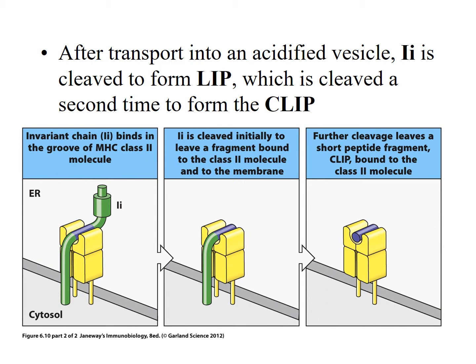After the class 2s, all 3 of them, have been transported to an acidified vesicle, as I said, the invariant chain, II, is going to be cleaved. That's the green areas. Here in this figure, the green is the invariant chain that's going to be removed, leaving that purple fragment. Clip. Clip is a loose association, okay?